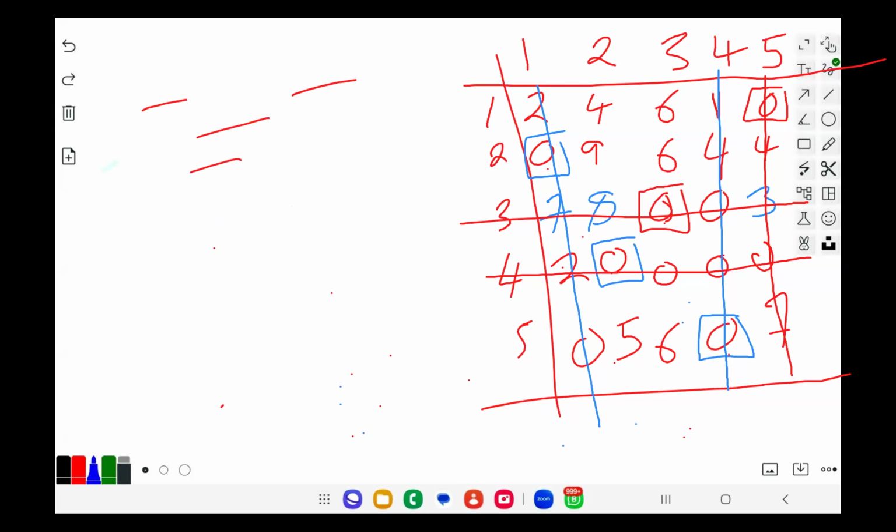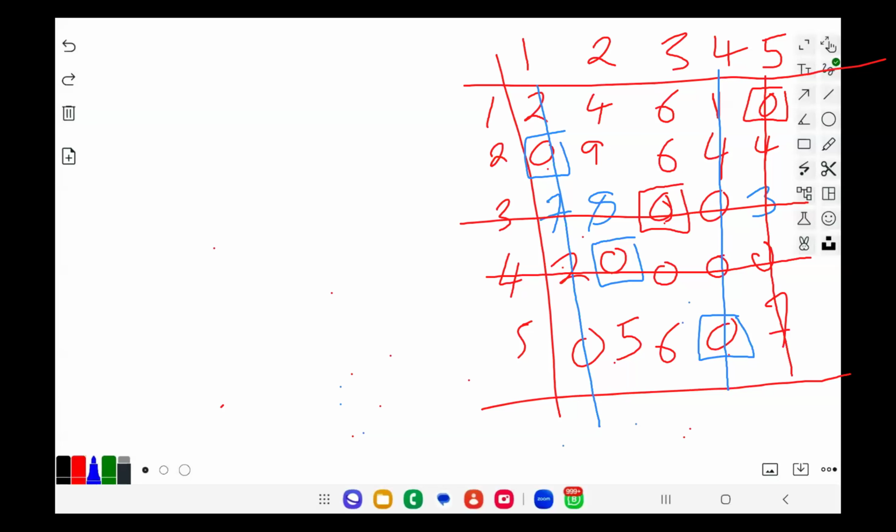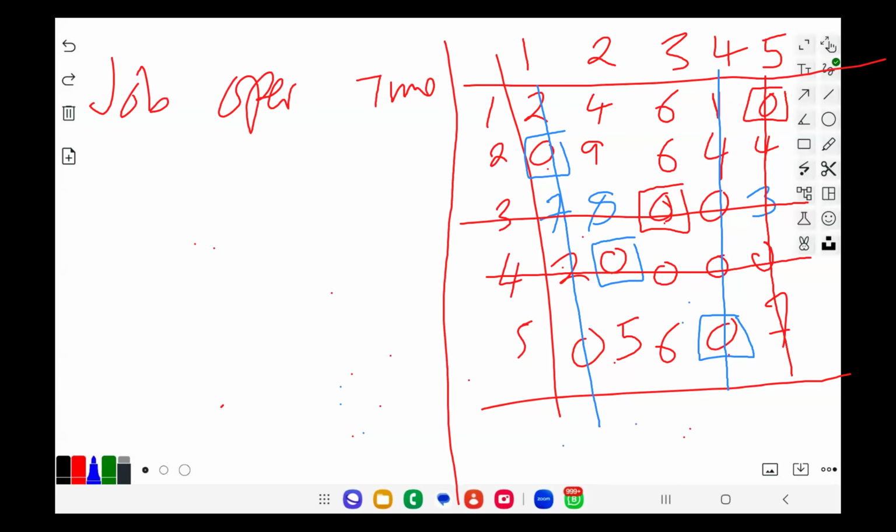So the next step to present your final answer, you present it like this. There is job, then there are operators here, and then there is time. The jobs are job 1, job 2, job 3, job 4, job 5. Now let's go on to the operators.